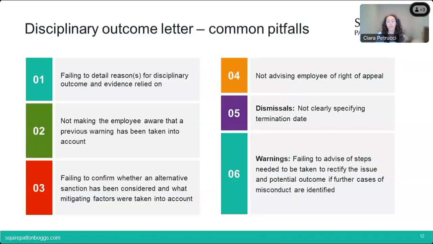So the common pitfalls with disciplinary outcome letters. One: failing to detail the reason for the disciplinary outcome and the evidence relied upon. Often we see that the allegations are substantiated and the decision is dismissal for gross misconduct, but it's really important to get a level of detail in there.